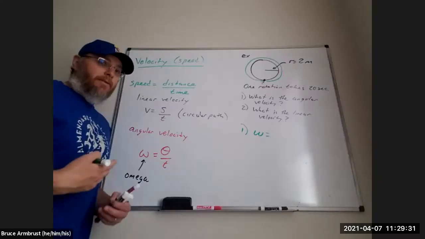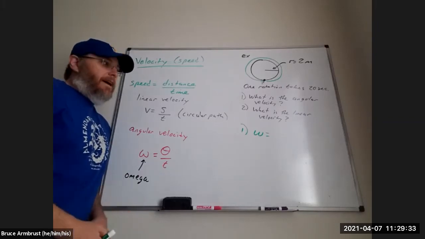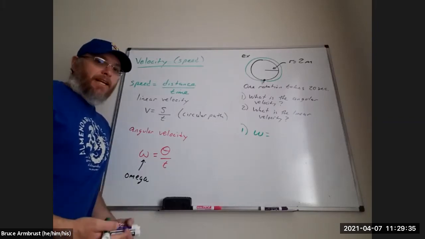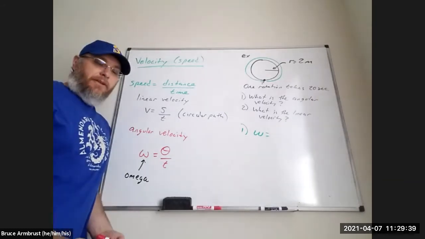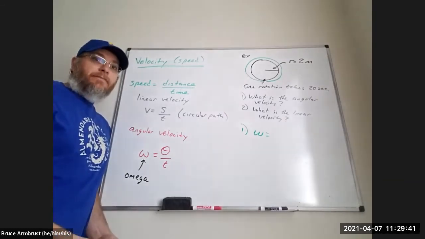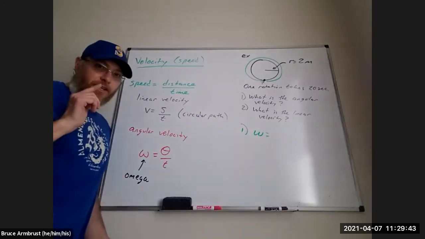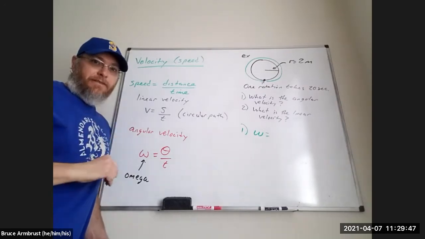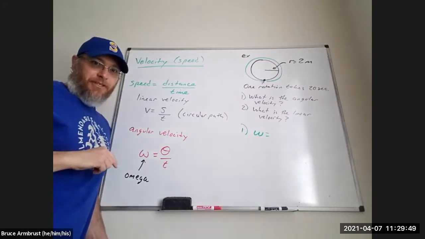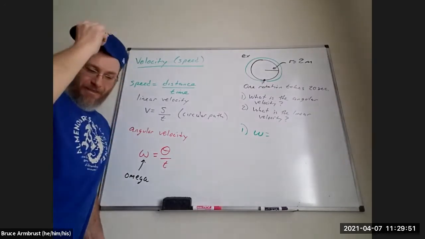All right, so if we're going to do this, it depends what kind of units we want. We can either use 360 degrees or we can use 2 pi radians. Use radians. The mathematician just said use radians.